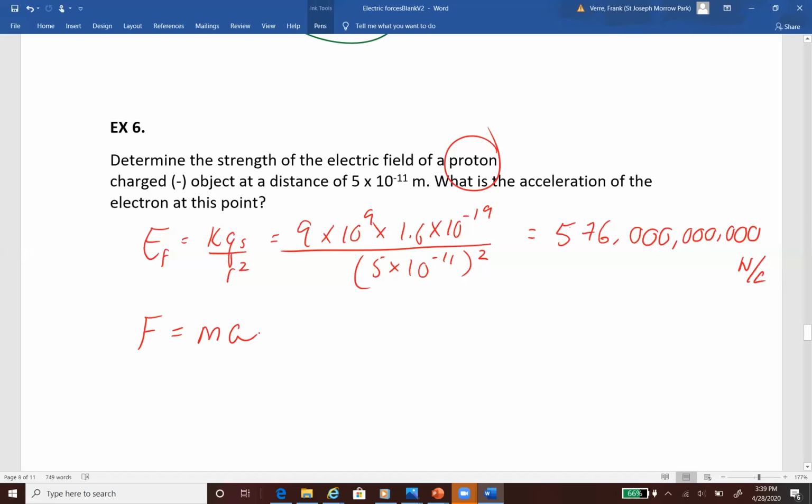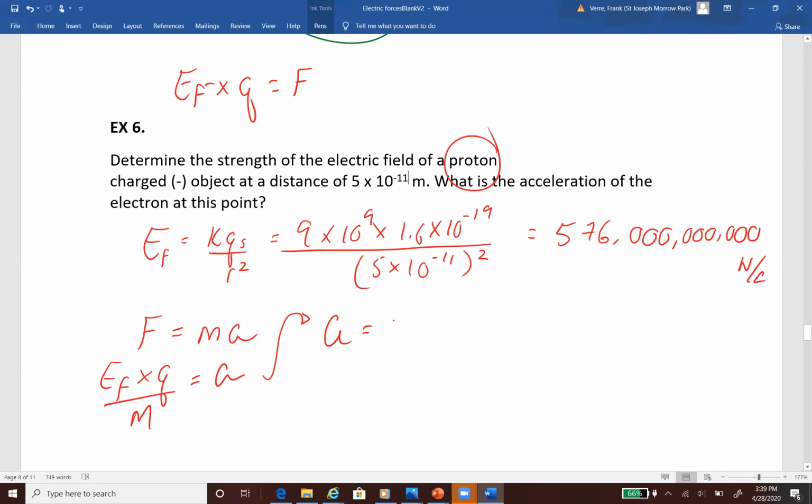So the force would simply be the electric field times the charge, because the electric field times the charge would be F. So we can do a little substitution. We can say the electric field times the charge of my electron, divided by the mass of the electron, would be the acceleration experienced by the electron.